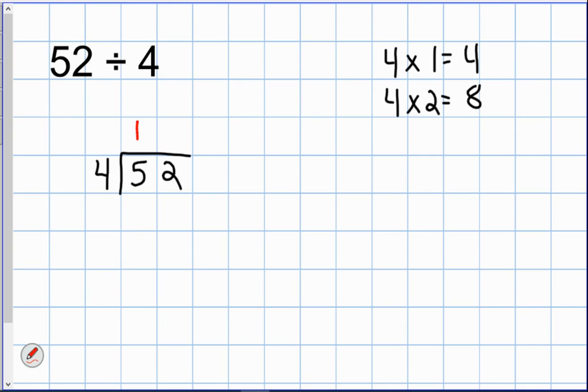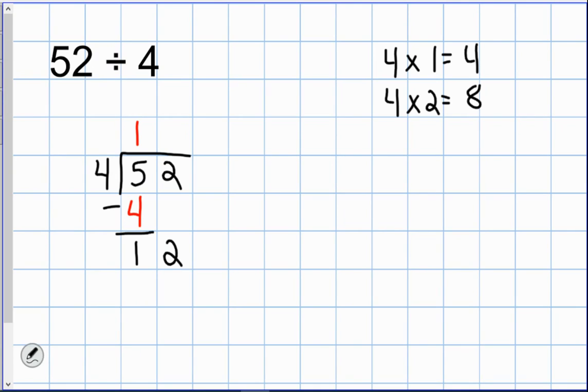Which is really 5 tens. We're going to put a 1 there. 1 times 4 is 4. And then we're going to subtract. 5 tens minus 4 tens is 1 ten. And now you would bring that 2 down. And now you have 12 ones. How many 4s can I get into 12?